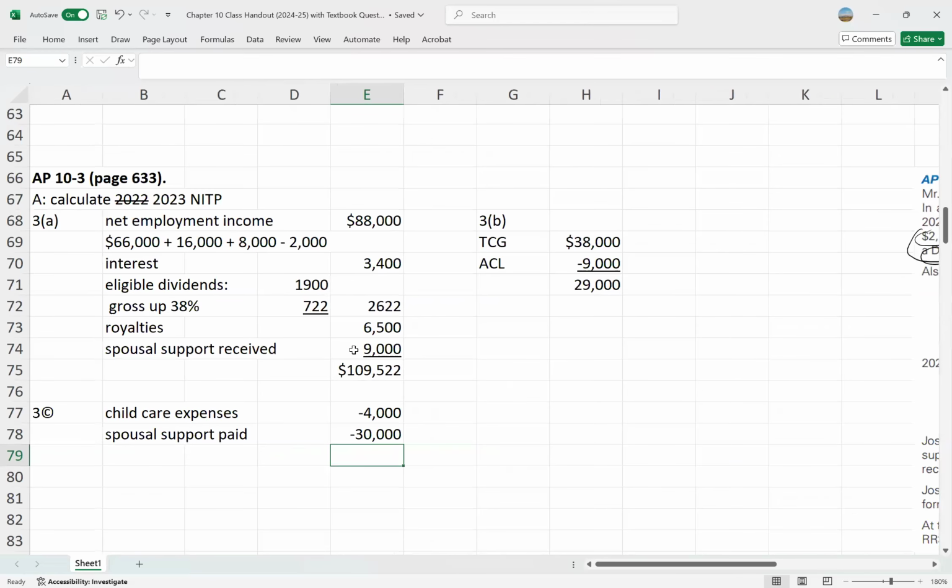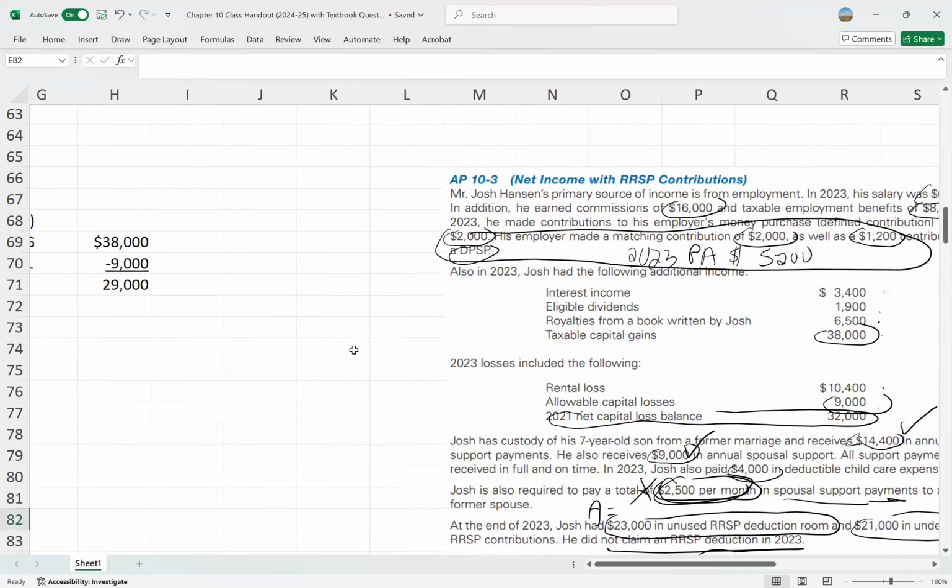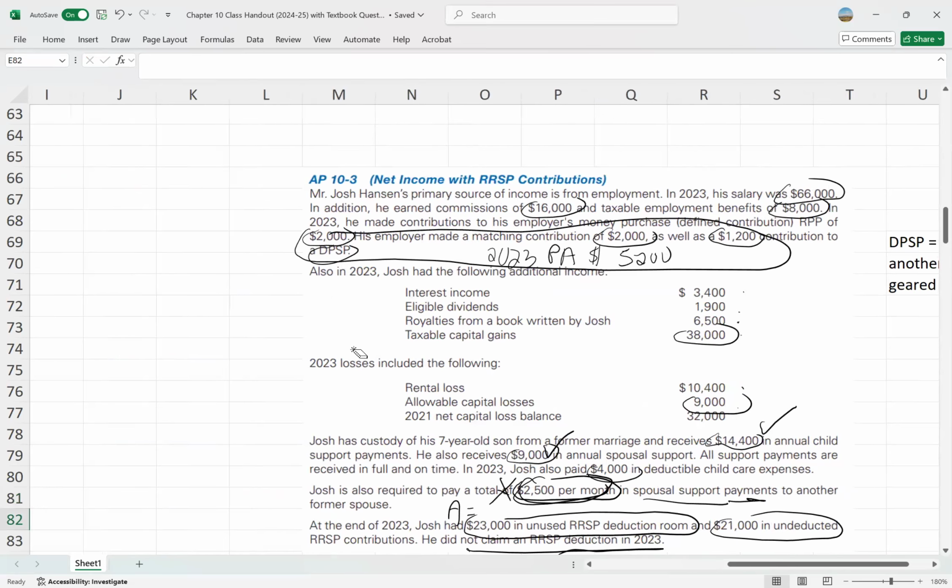And then we finally get to 3D. This is where the rental loss comes in. And so the rental loss is 10,400. Now, if we take a quick look at the information that's given to us, this net capital loss balance of 32,000, that's a deduction when we calculate taxable income.